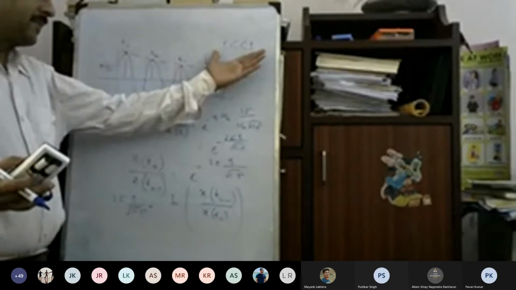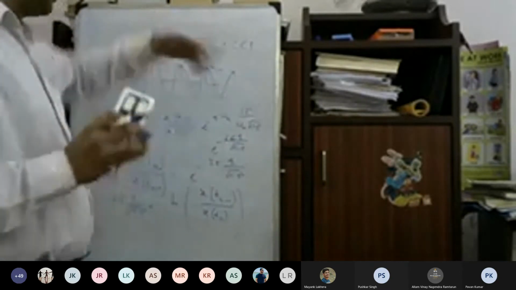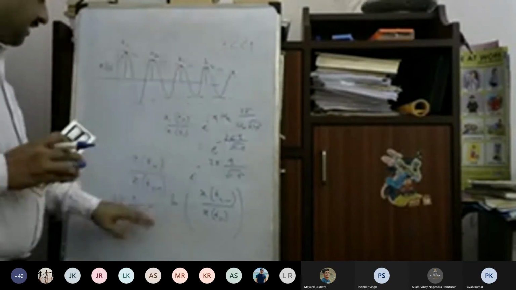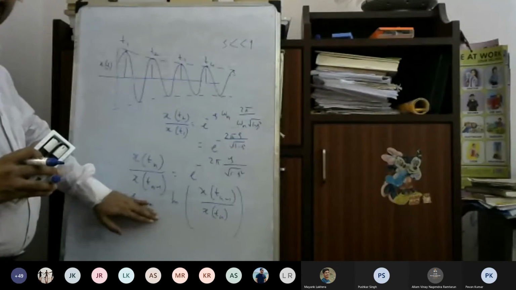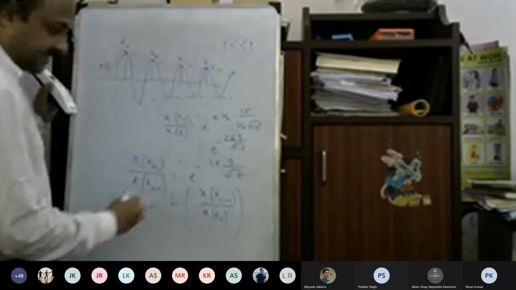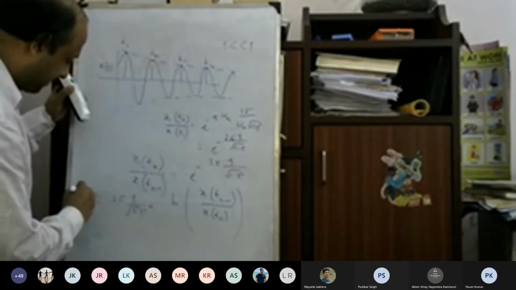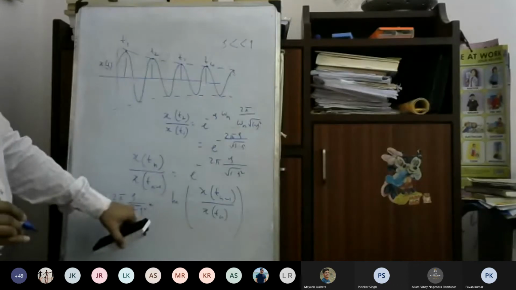So for systems which will give us more trouble, that means zeta much less than 1, the denominator can be safely taken equal to 1. So this will be approximately equal to 2 pi zeta when zeta is much less than 1.